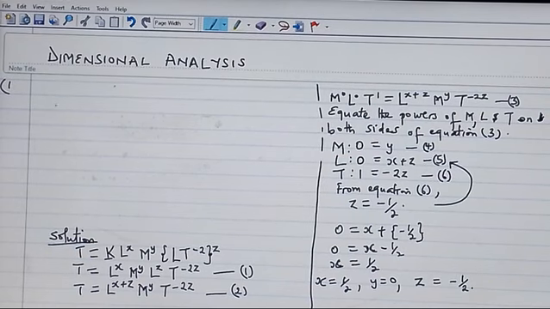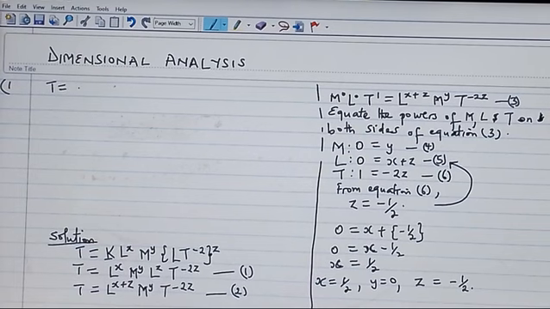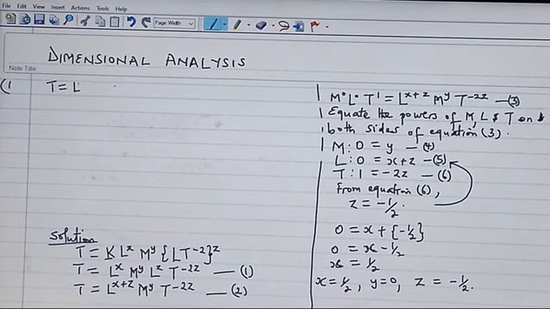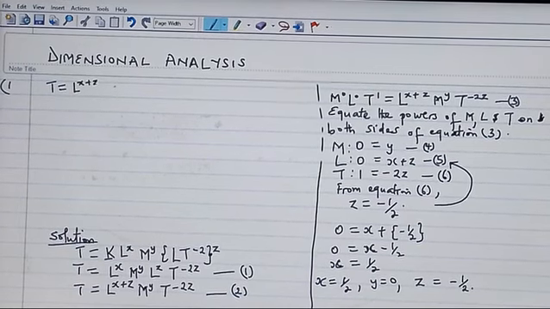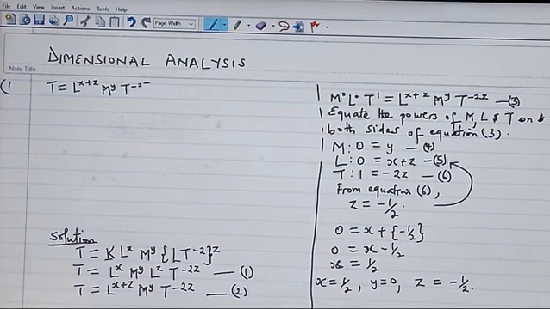So from equation 2, we say that T is equal to L raised to power X plus Z, M raised to power Y, and T raised to power minus 2Z.